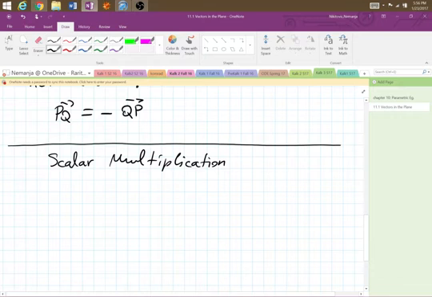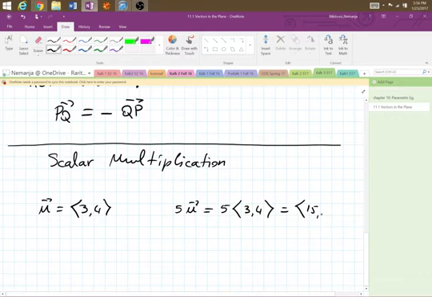We call that scalar multiplication. So if I have a vector u given as 3, 4, I can say 5u is going to be simply 5 times vector 3, 4, which is 15, 20. When you multiply a vector by a constant, you simply change its size, its magnitude, the angle remains the same.